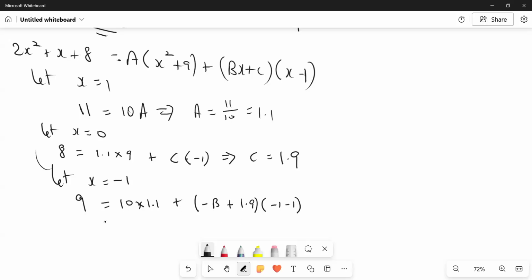We'll have to do some calculations here. This is 9 equals 11, plus minus 2 bracket 1.9 minus B, right?